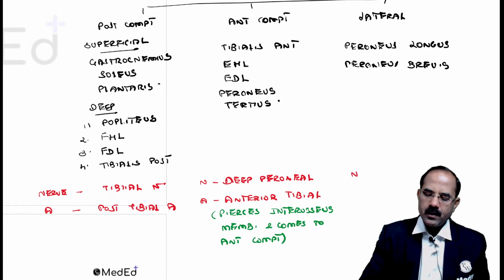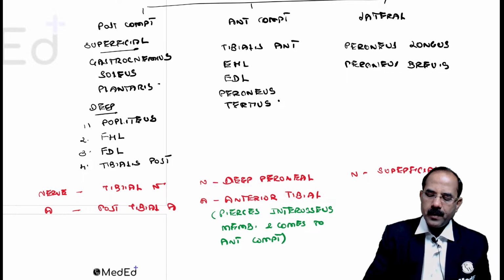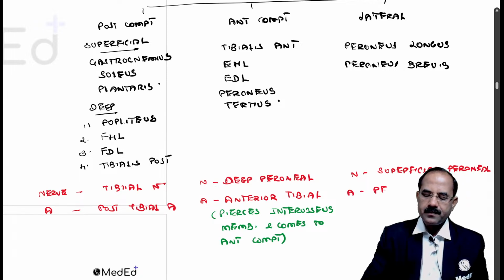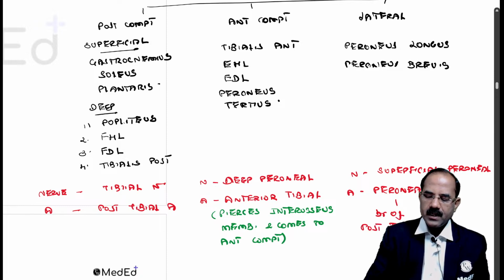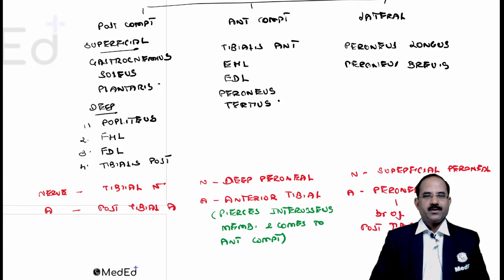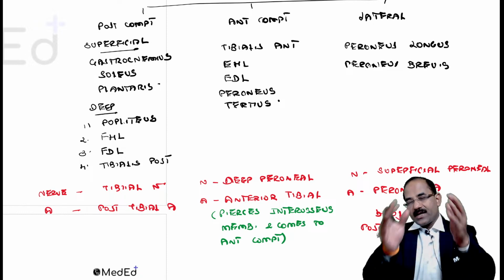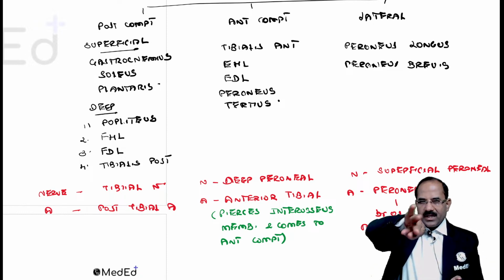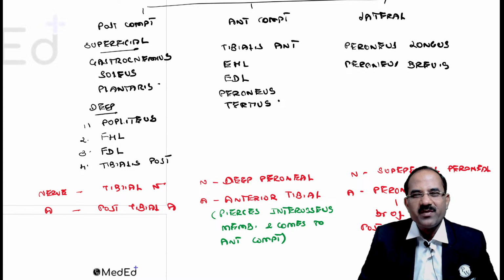The nerve is the superficial peroneal nerve, and the artery is the peroneal artery, which is a branch of the posterior tibial. This was an MCQ, students. Peroneal artery is a branch of the posterior tibial artery. Just remember this. So what is the action of these muscles of the lateral compartment? They do eversion of the foot.